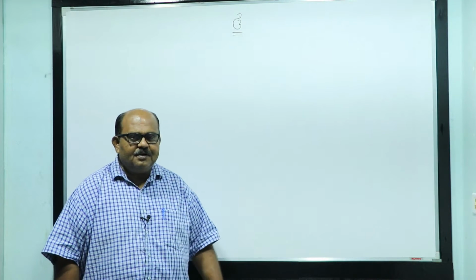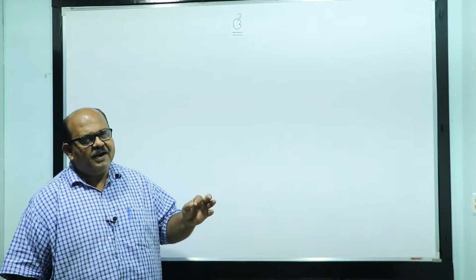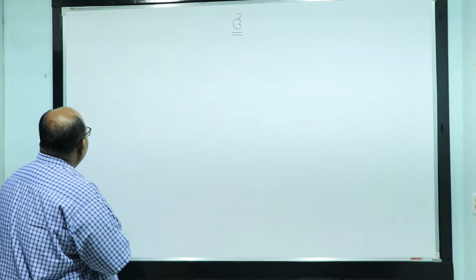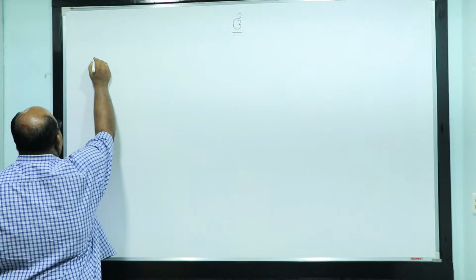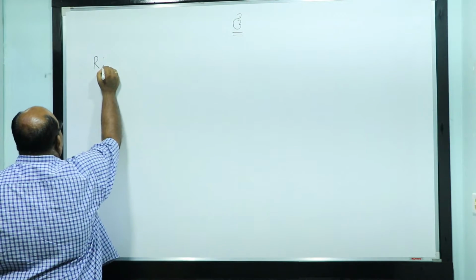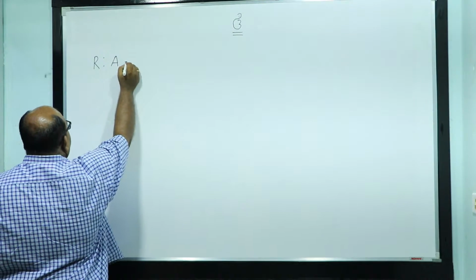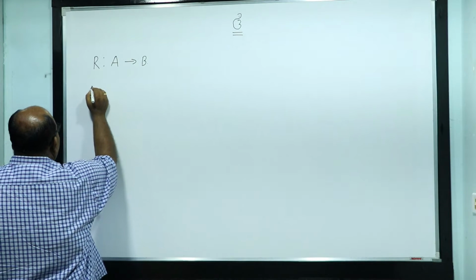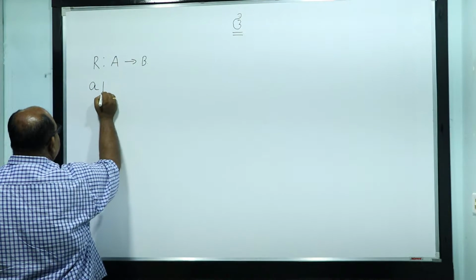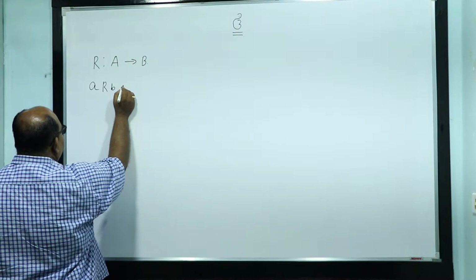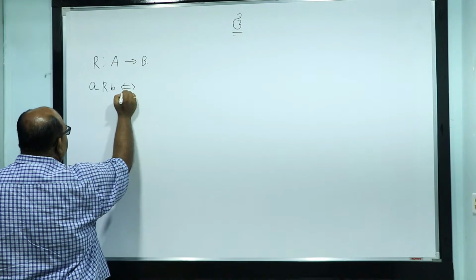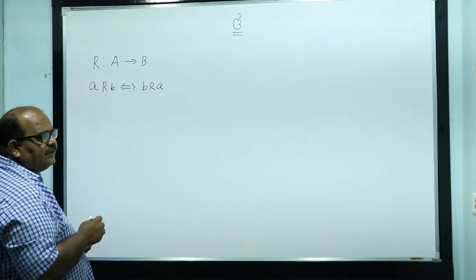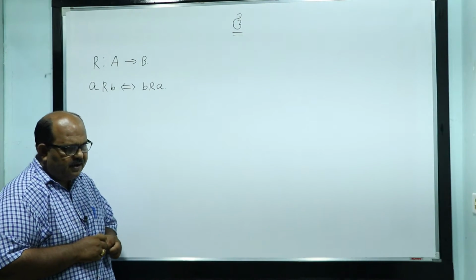The present topic of discussion is symmetric relation. What is symmetric relation? Look at it, if this is a relation R from set A to set B, then if the relation satisfies this condition, A related to B implies B related to A, then the relation is symmetric.